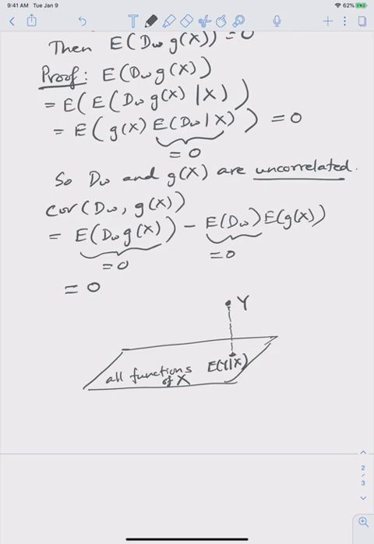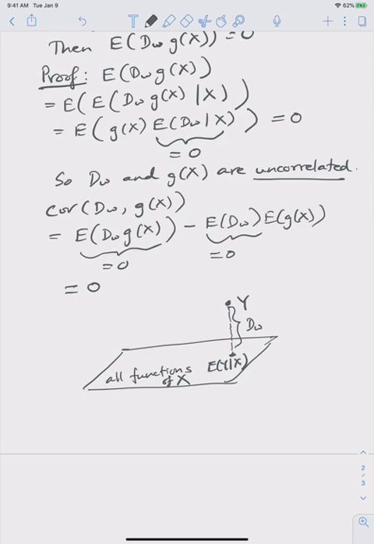And there is your error. Uncorrelated for random variables should be understood geometrically as orthogonal as far as vectors are concerned.